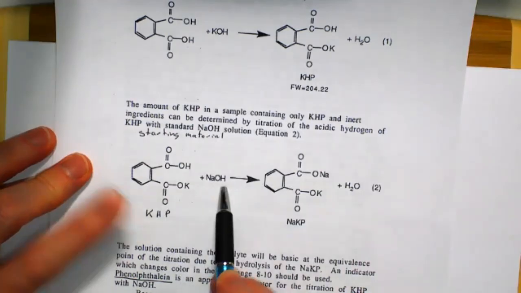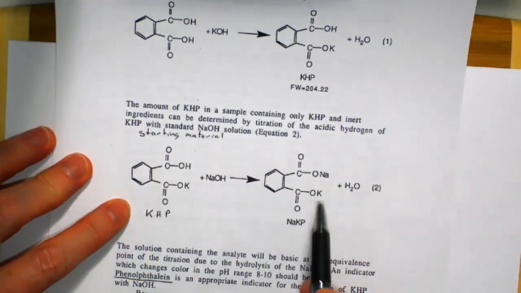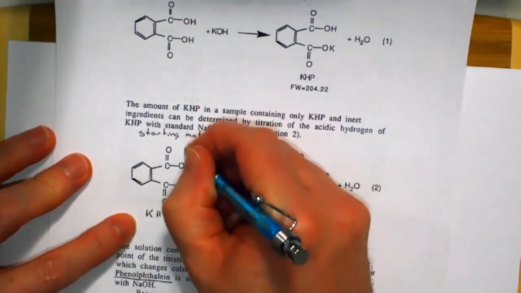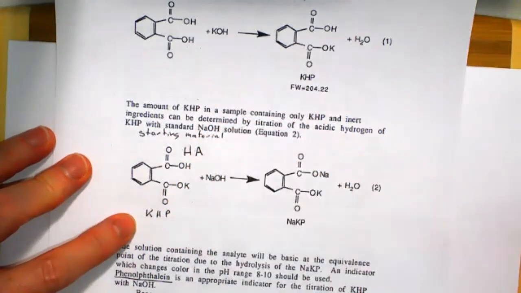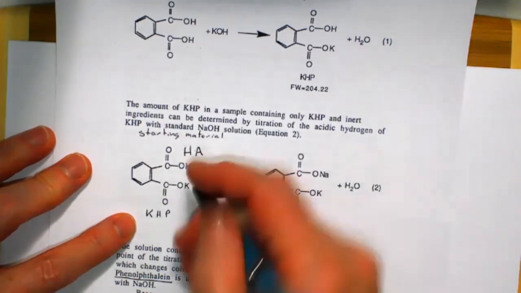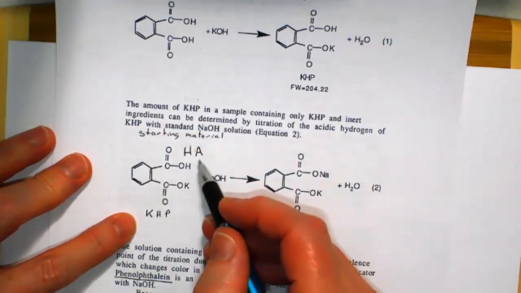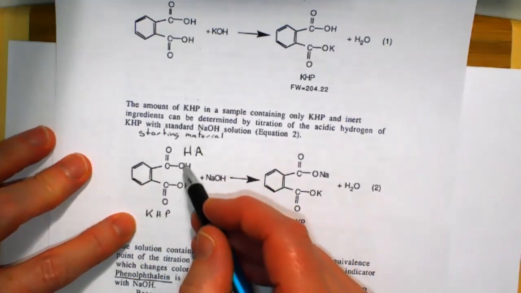But it's a simple 1-to-1 acid to base reaction. I just call this, it's KHP, but I like to call it HA. A is the organic acid. I hate organic chemistry. I do elemental analysis, so the A stands for the organic part of this molecule.